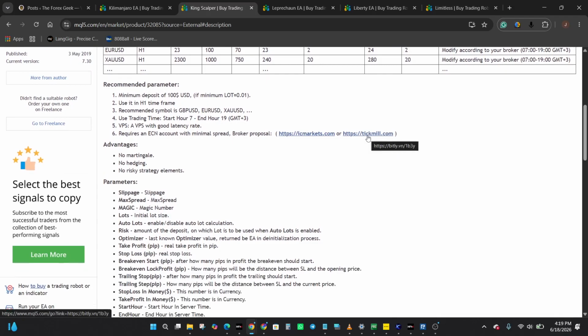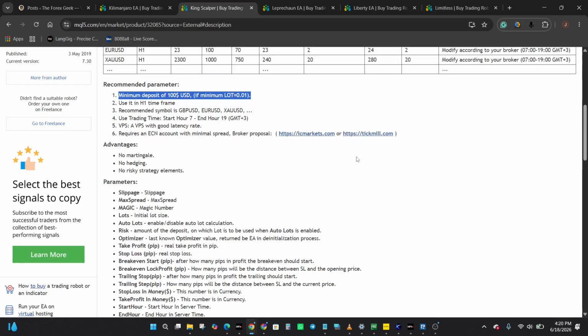The developer also states that the EA does not use martingale, hedging, or other risky strategy elements. In addition, a minimum deposit of $100 is recommended when using a minimum lot size of 0.01.